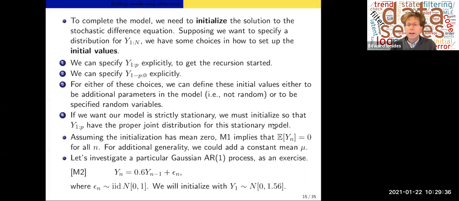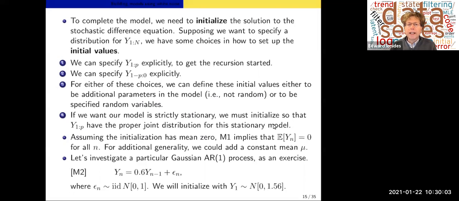Now, something interesting happens if you want your model to be strictly stationary. Then you have to initialize it in order to be stationary, right? Because stationarity implies shift invariance. And so it has to be that if you take your process and shift it back to the starting point, you get the same distribution.